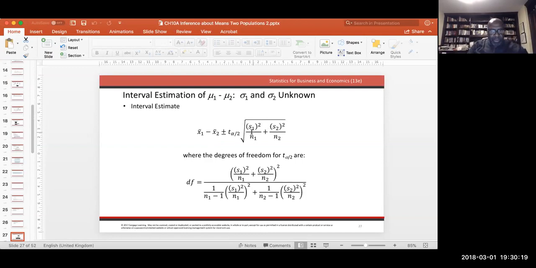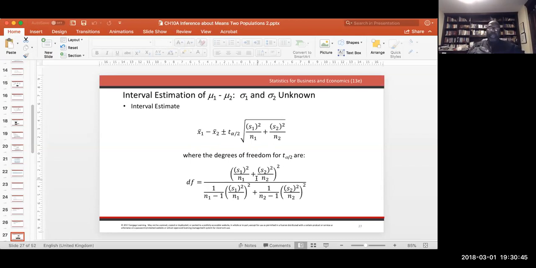Notice that instead of sigma, we now have S. There's one little trick to this problem, which is the degrees of freedom. It's a horrible looking formula, as you can see below. You would have to basically use a calculator, Excel, and so on to be able to find this degrees of freedom.